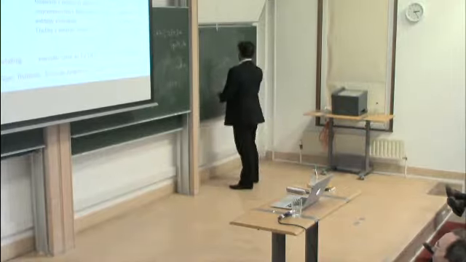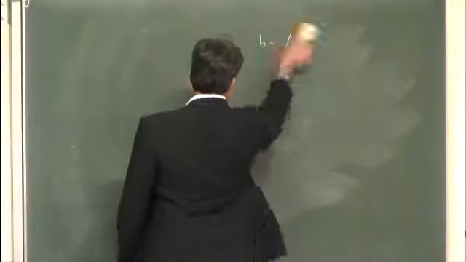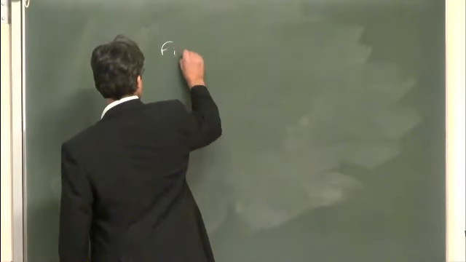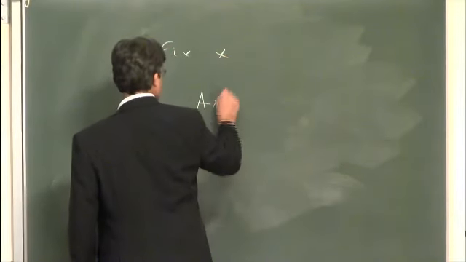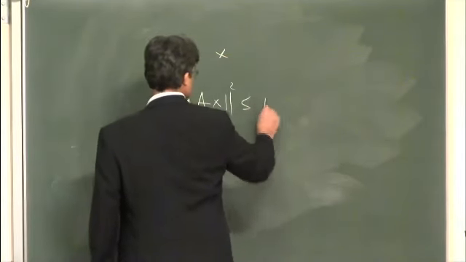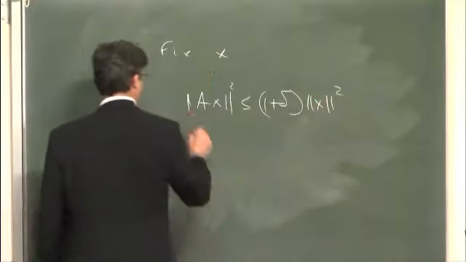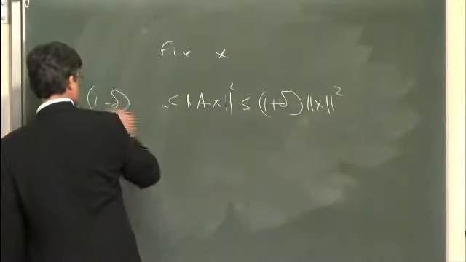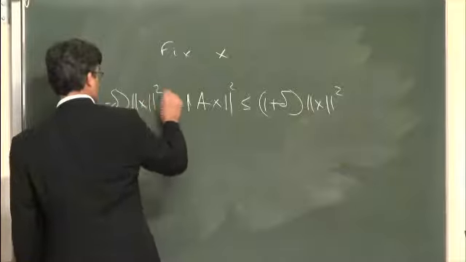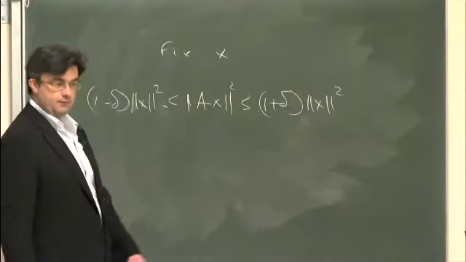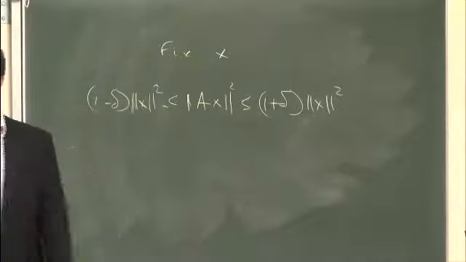So the way this proof works, the way, for example, the Baraniuk proofs work, is this: you just fix x, and you prove that the norm of Ax squared is less than 1 plus delta, what you want, for a fixed x. But then you prove that this holds with very large probability for fixed x, and then you use a covering argument.